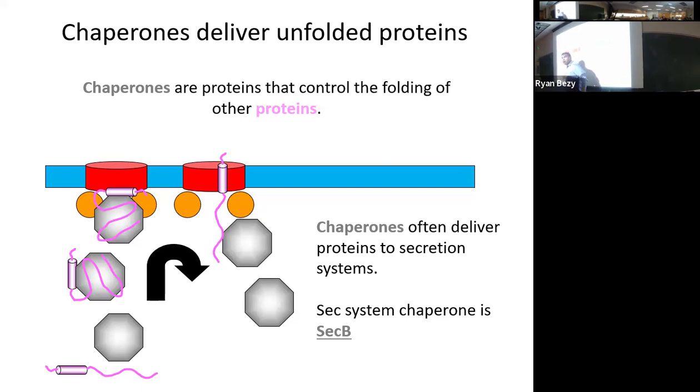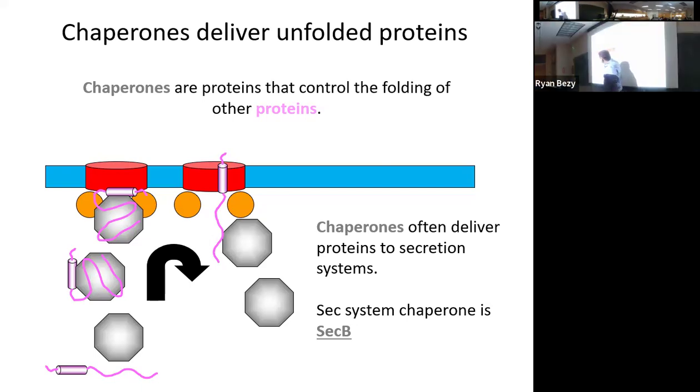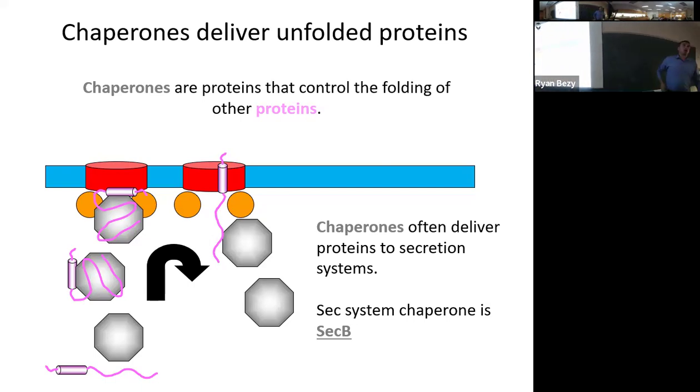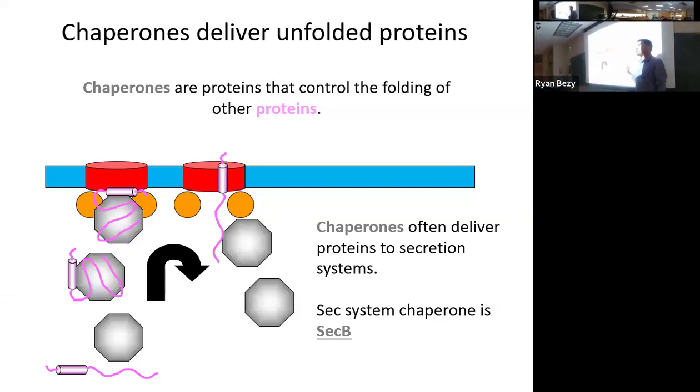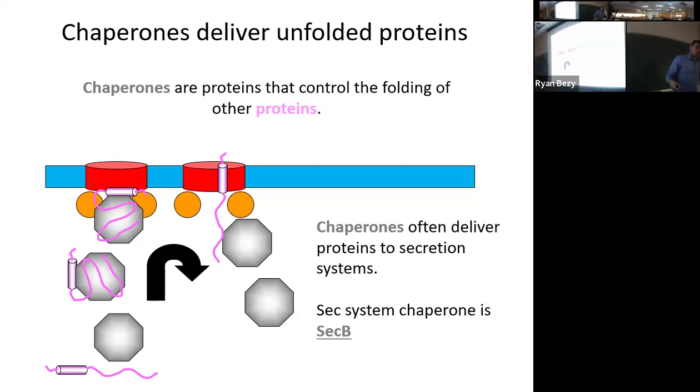SecB recognizes that, binds to that, and does not let the rest of the protein fold up. It keeps the protein in an unfolded state. But then it also delivers the unfolded protein to the Sec-dependent pathway, to that pore complex. It helps load it on. Then when it's loaded, it comes off, and that protein is going to get exported, secreted out of the cell. Questions about that?